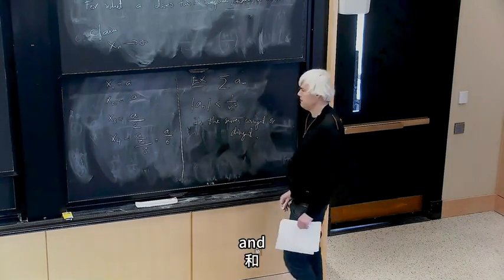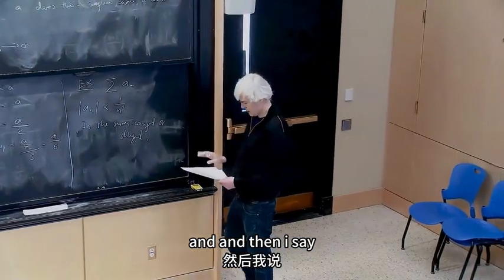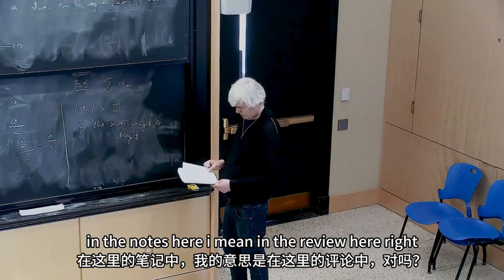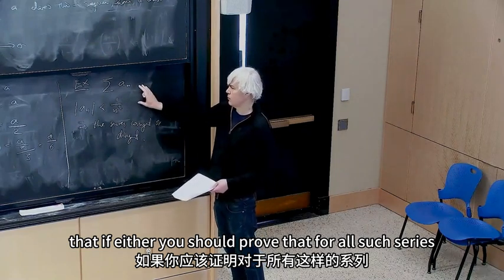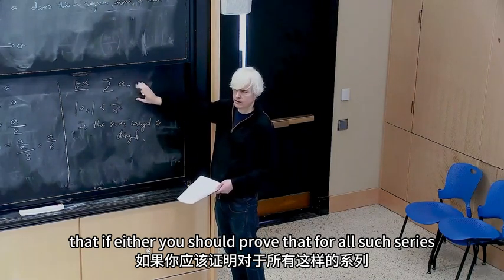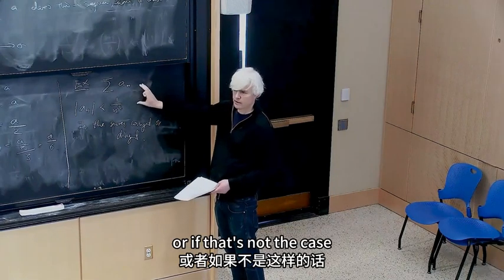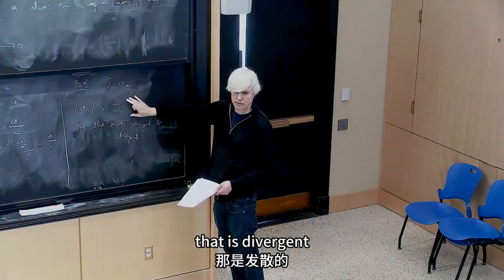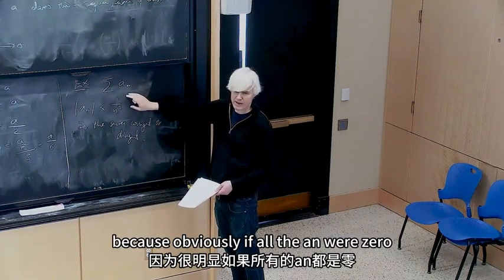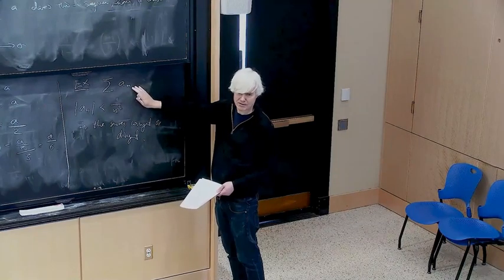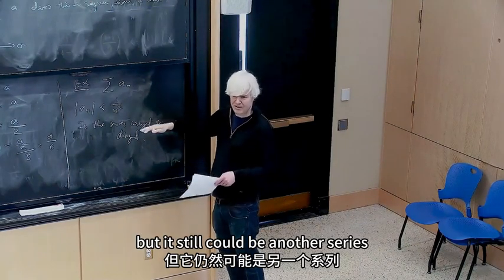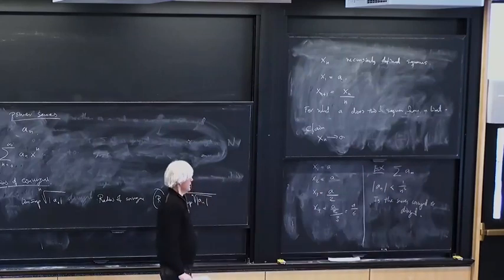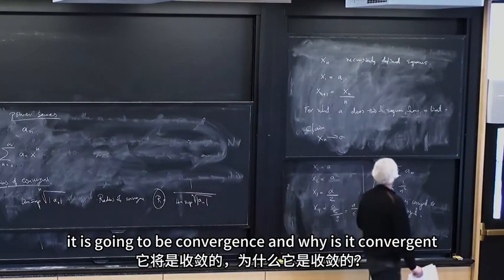In the review I say that you should either prove that all such series are convergent, or, if that's not the case, give an example of a series with this property that is divergent. Obviously, if all the a_n were 0, it would be convergent, but it still could be another series with a_n that have that property and is divergent. But in this case, it is going to be convergent.